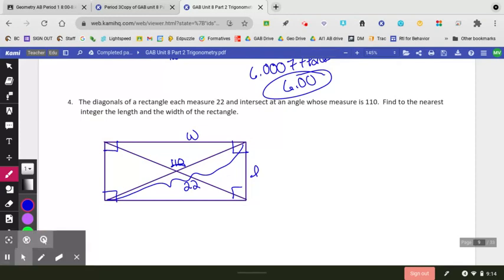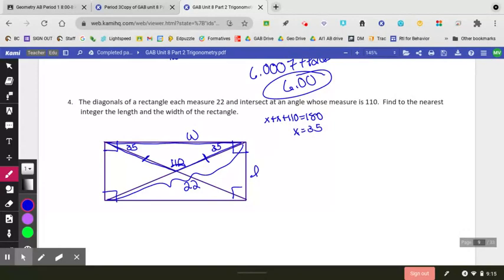So I know that the diagonals of a rectangle bisect each other, which means up top here, this is an isosceles triangle. So if that vertex angle is 110, that means each of these are 35, because x plus x plus 110 equals 180. So each of those have to be 35.